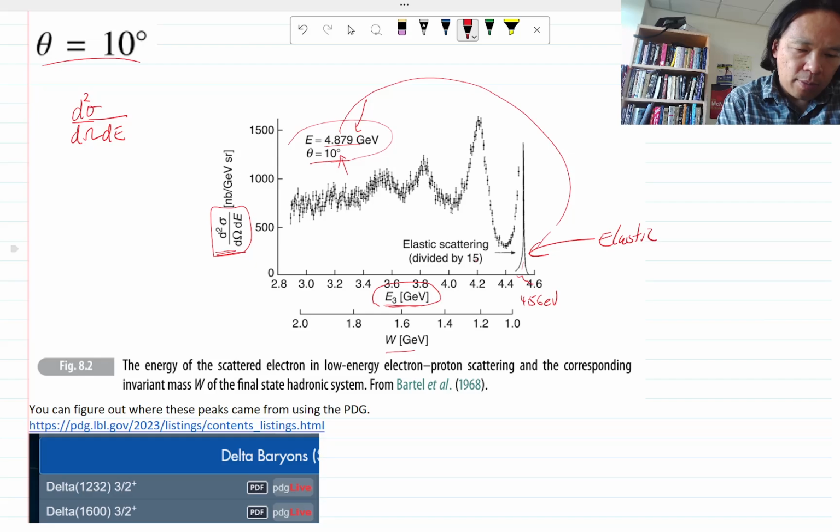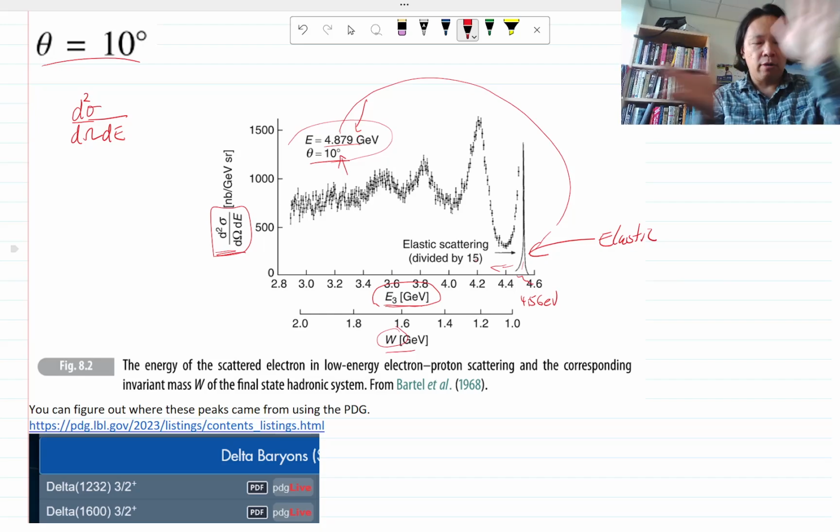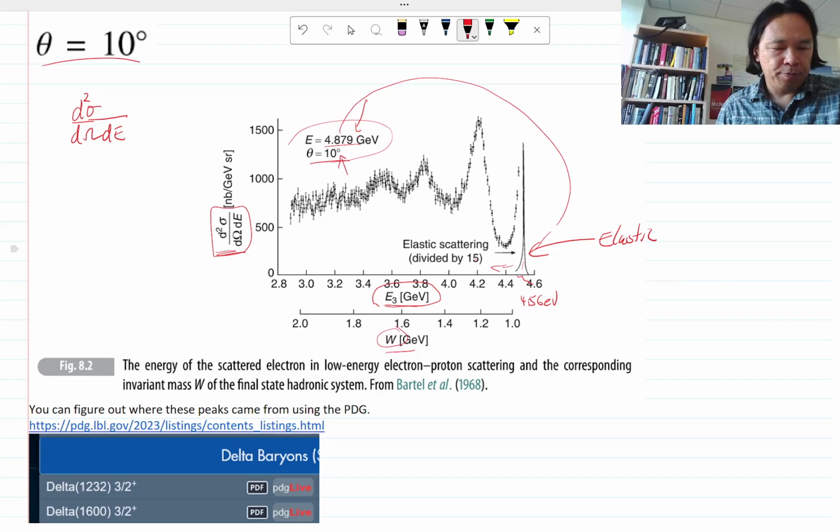But what happened is that as you decrease the outgoing electron's energy, in other words, increase the energy of the outgoing shower of partons, of hadrons, okay, the more energy the electron loses, that energy gets dumped into making more particles in that outgoing shower, okay?